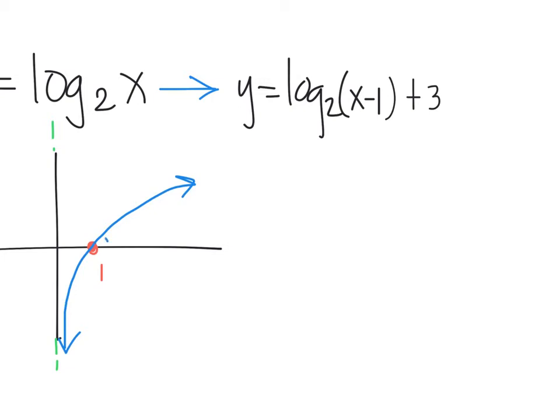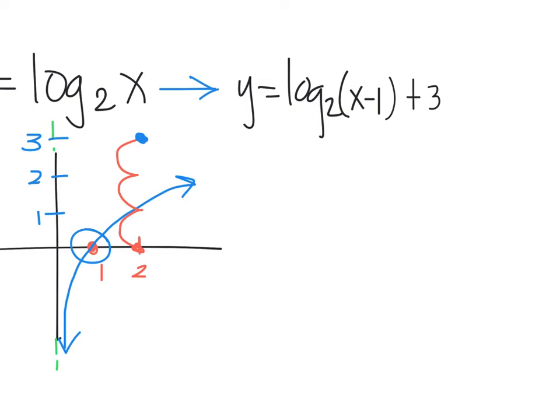Focus on the most important point, the 1. 1 unit to the right means the 1 becomes 2. Initially, the point is here, but you have plus 3. That point will go up by 1, 2, and then 3. So it will be at 2, 3. That is the location of the point.